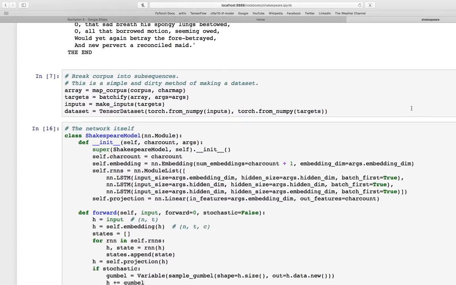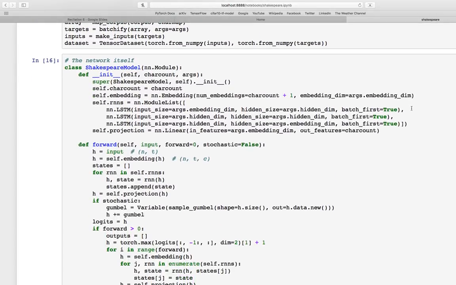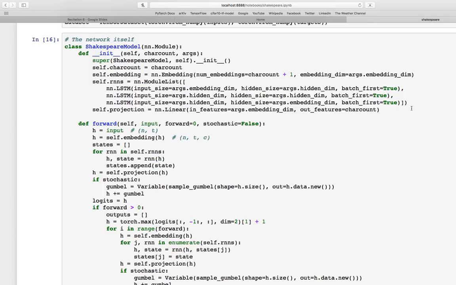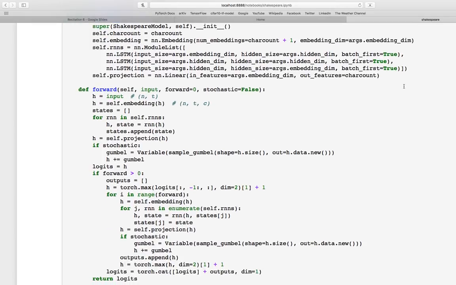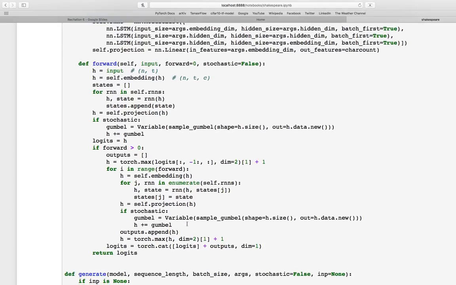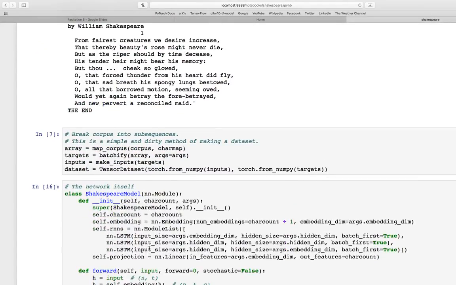It's very similar to the recitation from last week, but there's really one important point that I want to make, and that is you can see here we have 3 LSTMs stacked.